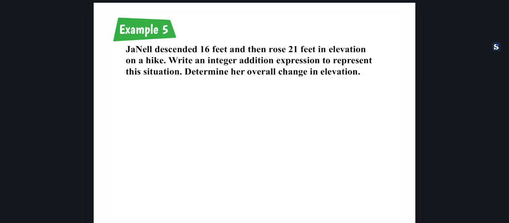She then rose 21 feet, so this change in elevation is 21 feet. The integer expression that represents this situation is negative 16 plus 21. The absolute value of 21 is greater than the absolute value of negative 16, so our final answer will be positive. 21 minus 16 is 5, so Janelle's overall change in elevation is 5 feet.